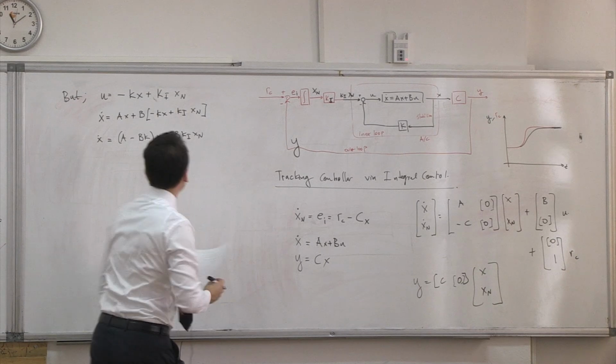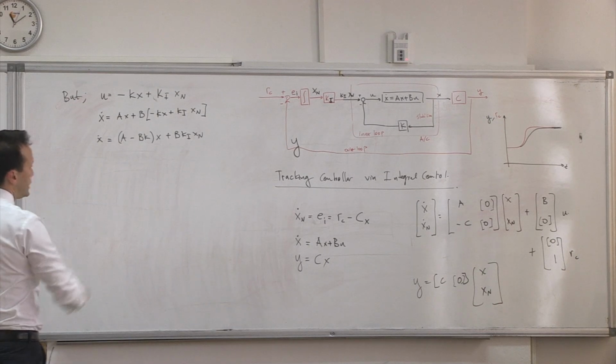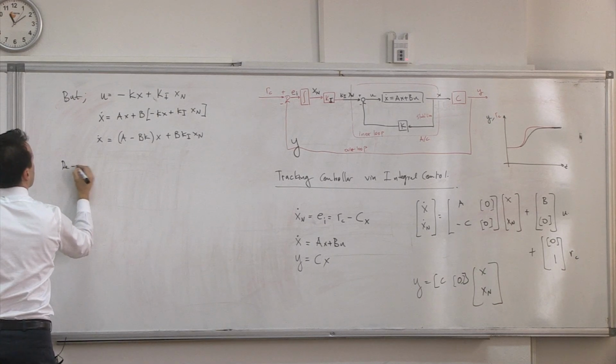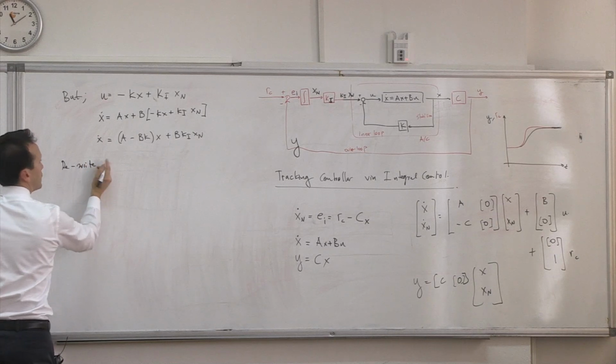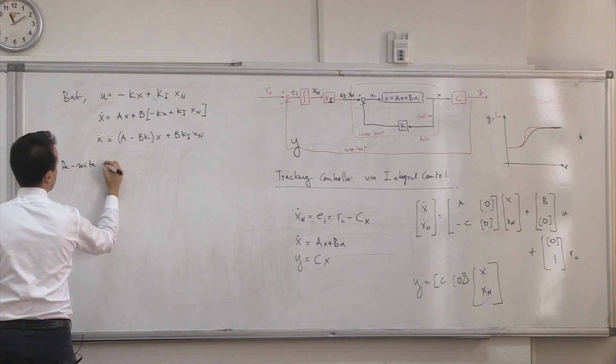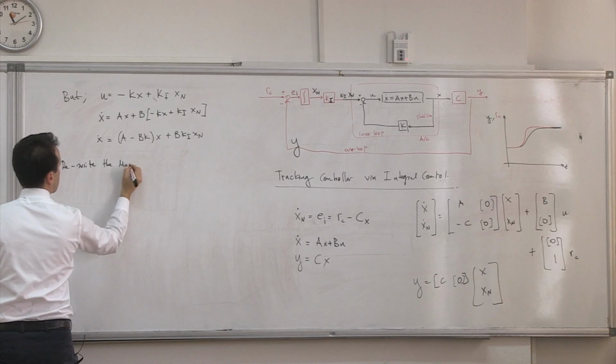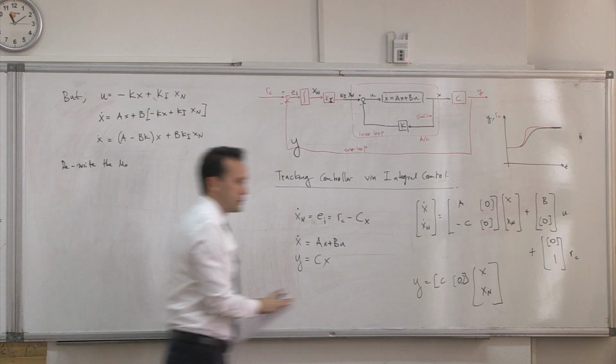And xn is this one. So rewrite that equation over there, rewrite the matrix, the state space representation.